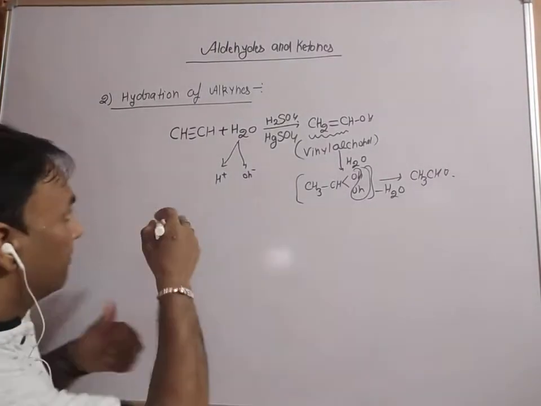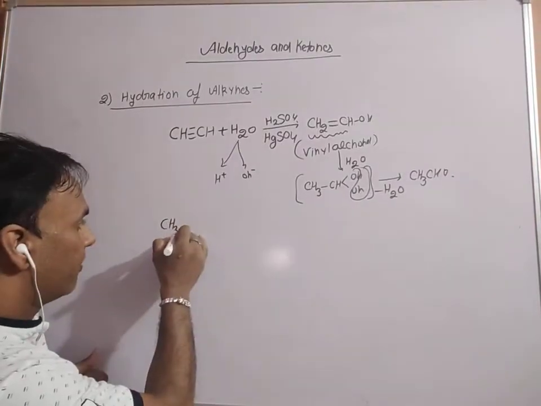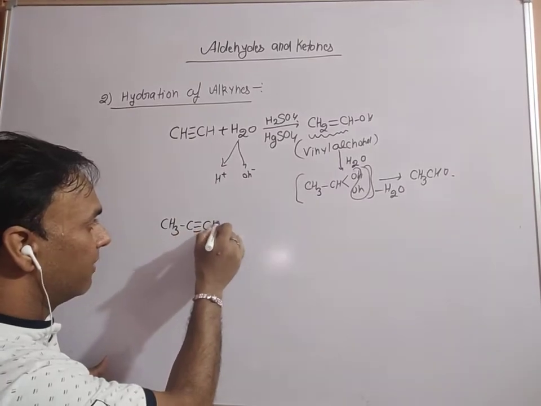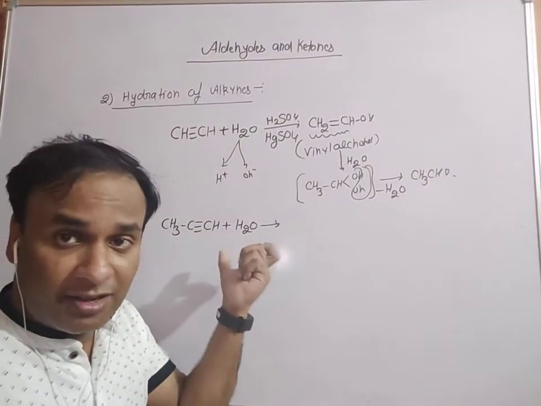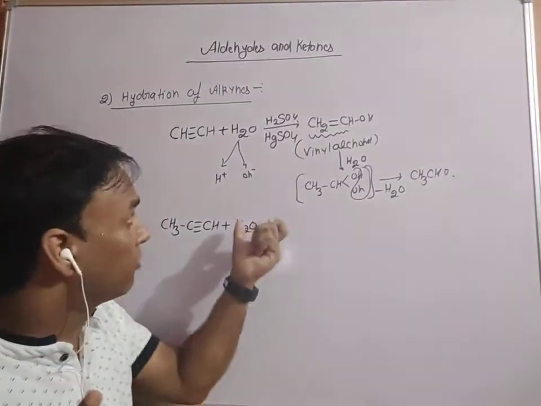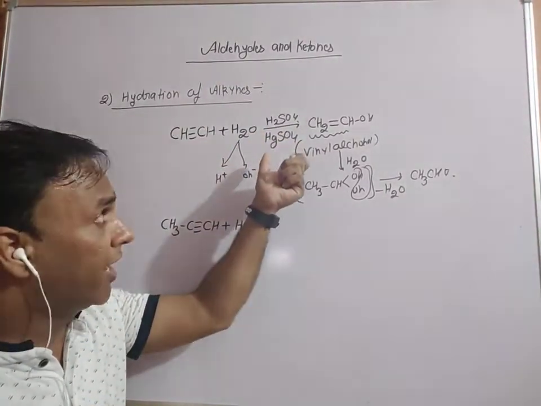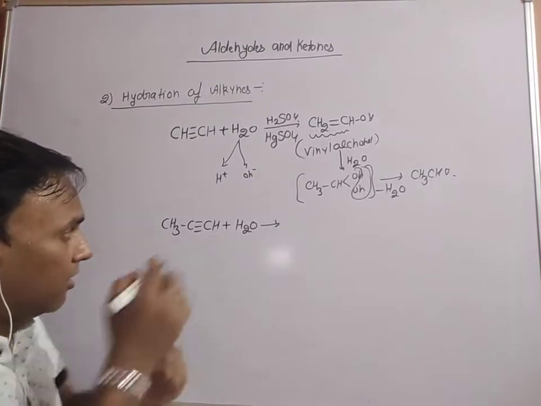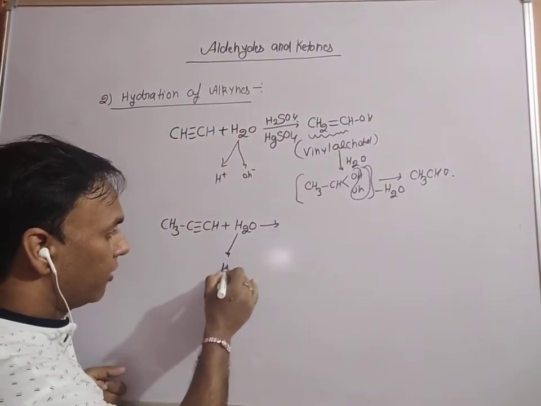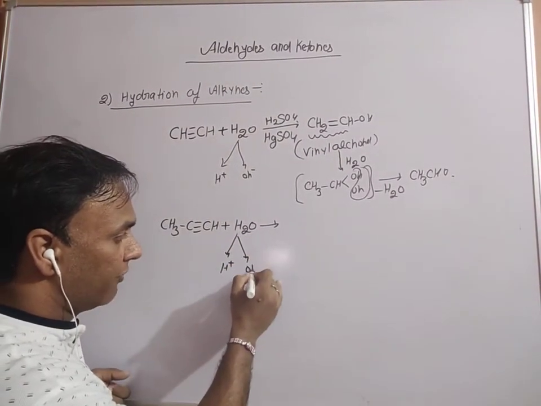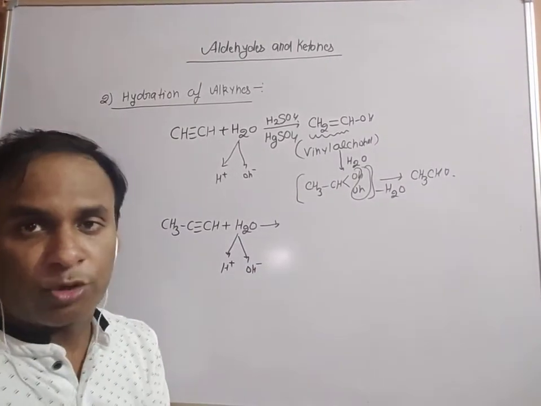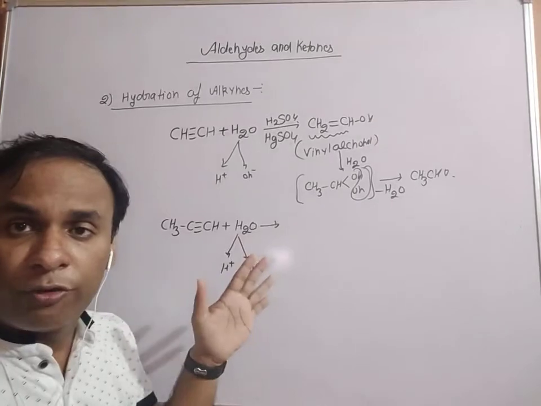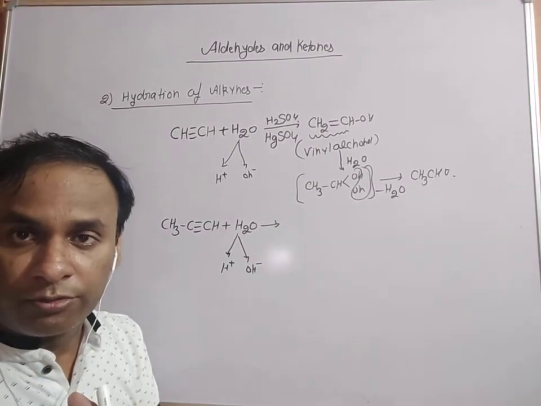For example, when we talk about propyne, CH3 C triple bond CH, with water. When propyne gets hydrated in the presence of the same condition, H2SO4 and HgSO4, clear? Water gets ionized in the form of H plus and OH minus in order to form the stable product. It also follows Markovnikov's rule.